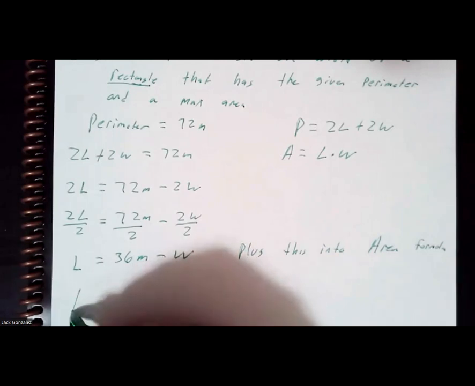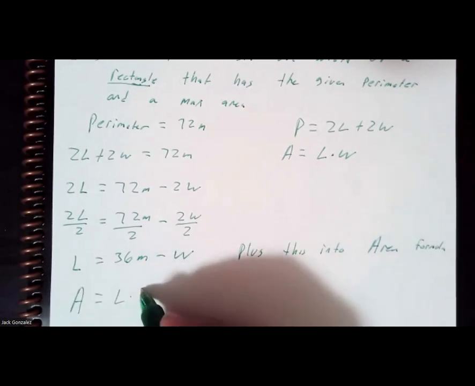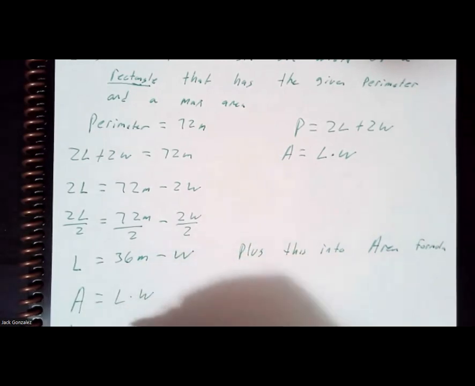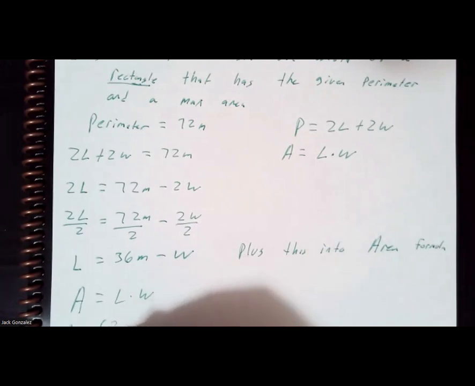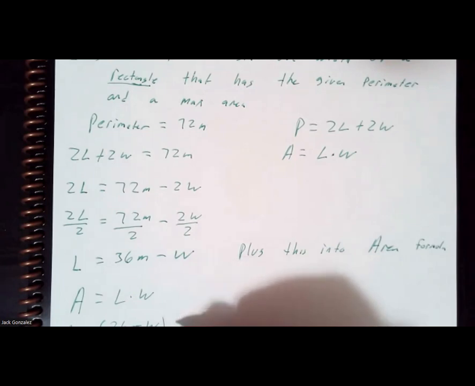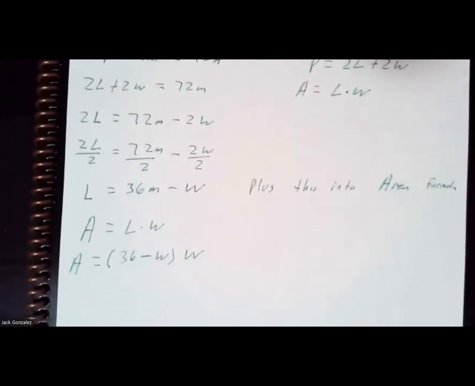So A is equal to L times W, which is (36 minus W) times W. I'm just going to leave it as 36 for now; remember this is all in meters. Are you guys still with me up to this point?